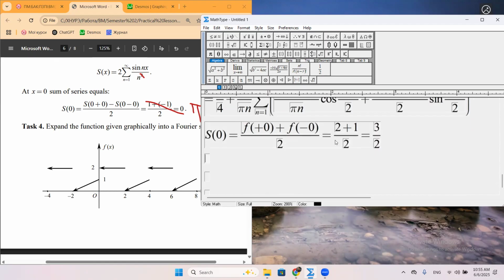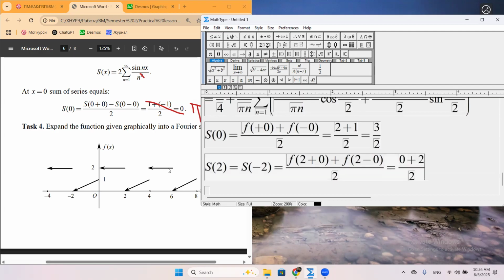And what about points minus 2, 2? It will equal S from 2 plus 0 plus S from 2 minus 0 over 2. So F from 2 plus 0 equals 0, and F from 2 minus 0 equals 2. So it equals 1.